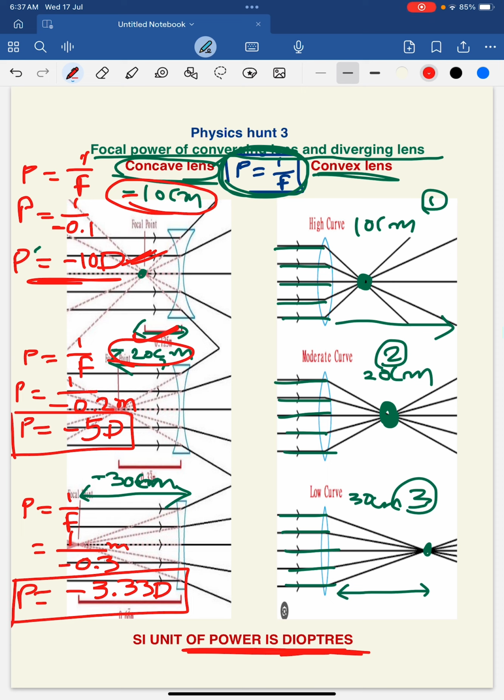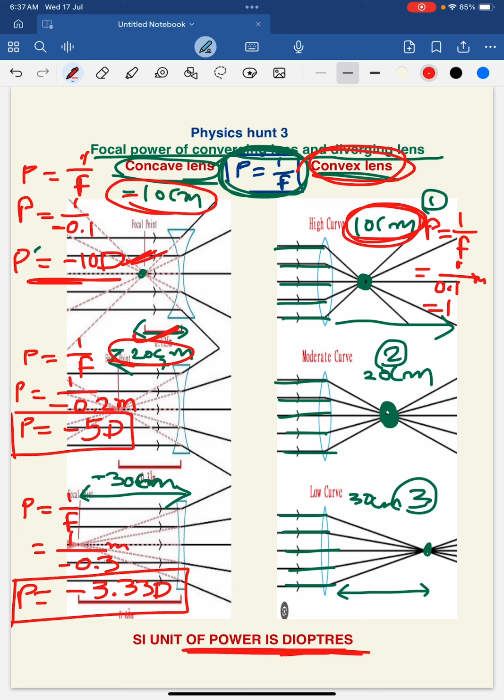Now let's come to the positive side, that means the convex lens case. Again I'm writing power P is equal to 1 by f. Here the focal length value is 10 centimeter. If you convert this 10 centimeter into meters, you will get 0.1 meter.